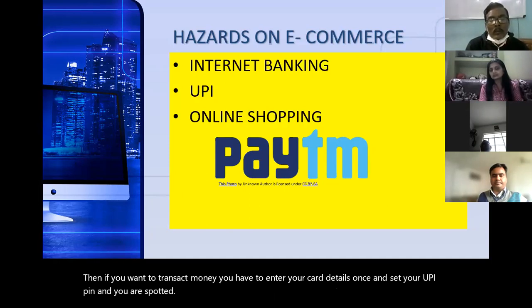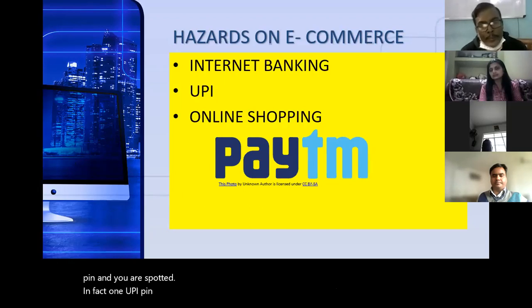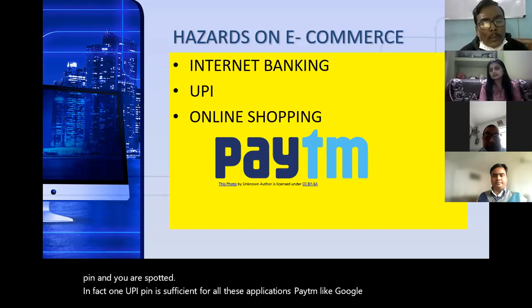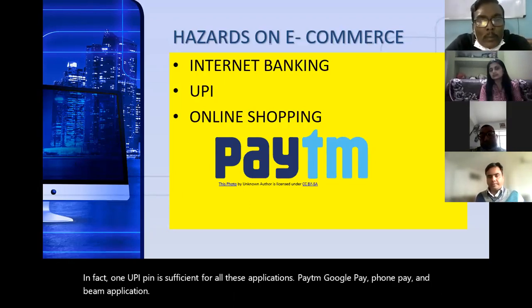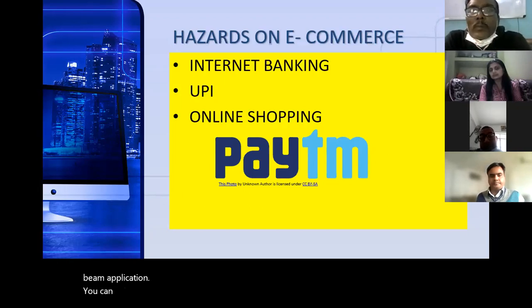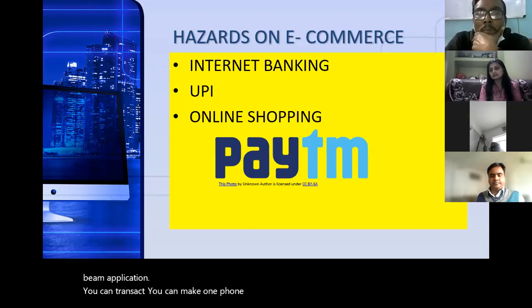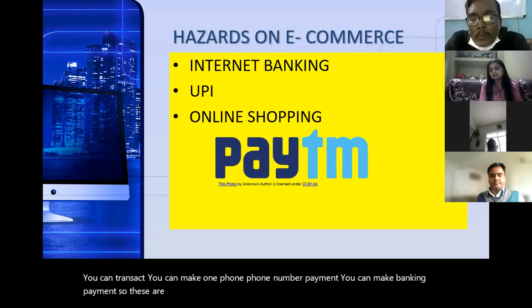In fact, one UPI PIN is sufficient for all these applications like Paytm, Google Pay, Phone Pay, and Bheem application. You can make one phone number payment, you can make banking payment. So these are the facilities.